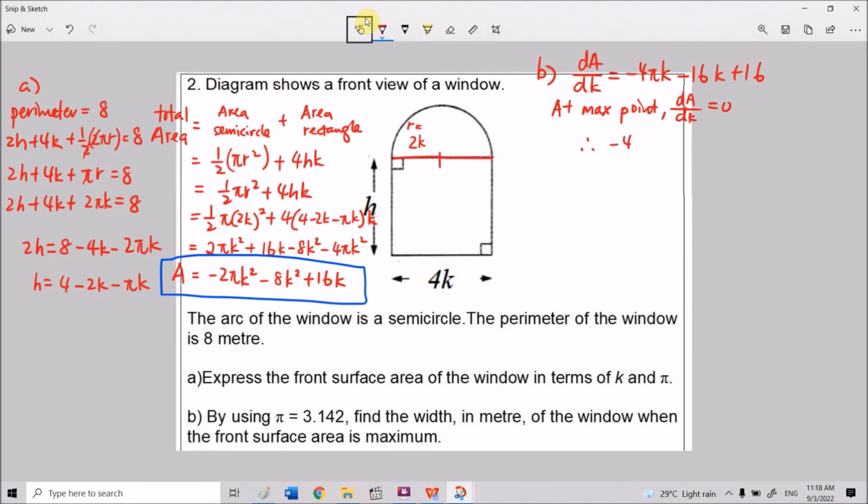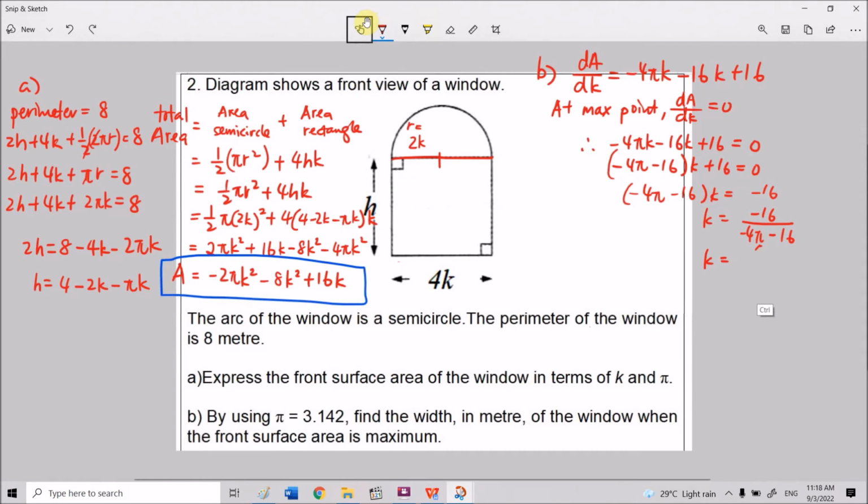So negative 4 pi k minus 16k plus 16 equals 0. And you can see now we can find the value of k. Substitute the 3.142 into the equation, I can get the value of k.